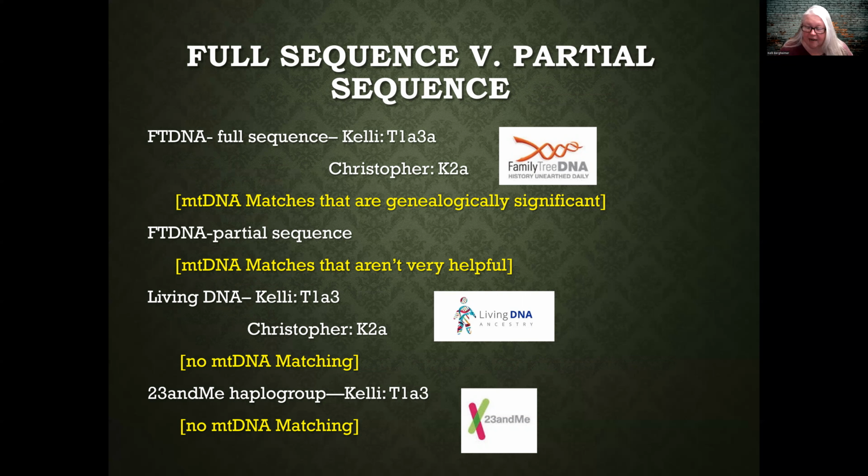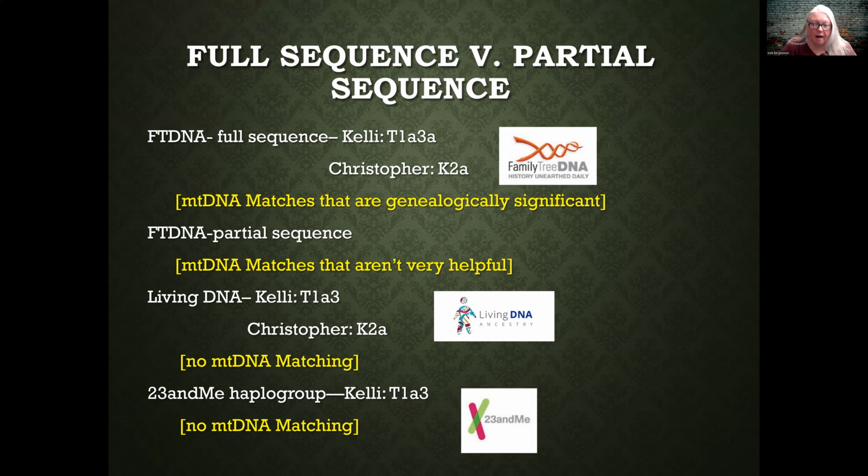It's an interesting endeavor to find out regions or migration patterns, but what we really want are matches that might help us break down some brick walls. Family Tree DNA has a partial sequence mitochondrial test, but the matches aren't going to be very helpful. They're basically broken down into a couple of different groups based on regions. And that's regions of Y DNA, not regions of the world.